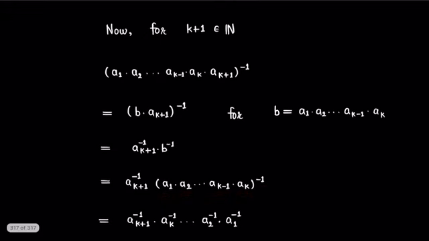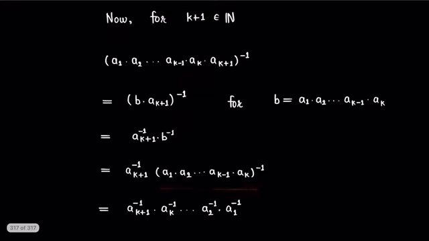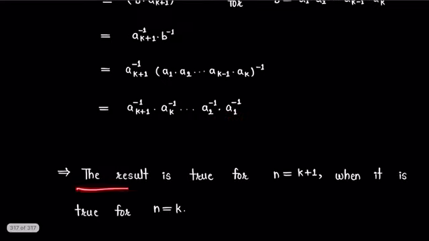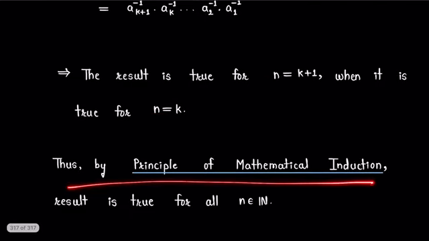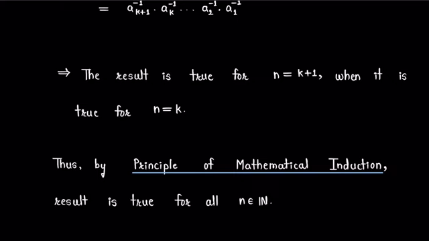Now we have assumed that the result is true for the natural number k, so this can be written as ak plus 1 inverse as it is, and we will write the rest as ak inverse up to so on a2 inverse and a1 inverse. So here we can observe that when the result is true for some natural number k, it is also true for the natural number k plus 1, and thus by the principle of mathematical induction, the result will be true for all natural numbers n.